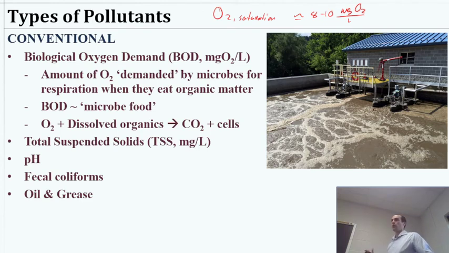So if you have cold water, maybe you get up to 15 to 20 milligrams per liter. Some other solutes can affect it a little bit. I think chloride has some impact. But generally, at least 5 milligrams per liter, if it was very hot or something, should be able to dissolve and be in solution. So when we think about the milligrams per liter of this biological oxygen demanding stuff, really what we're talking about is oxygen demanding substances.